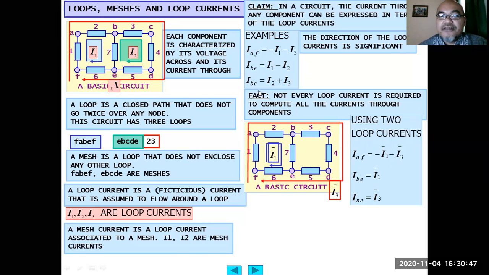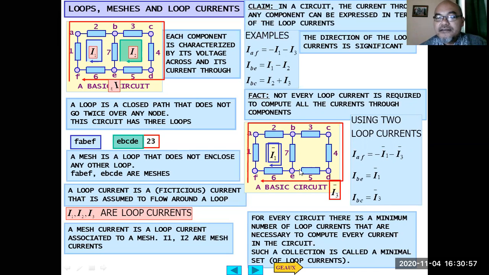So IAF, similar to previously, can be calculated from minus I1 minus I3. IBE can be calculated from I1 only, while IBC can be calculated only from I3. So you don't really need to use I2.